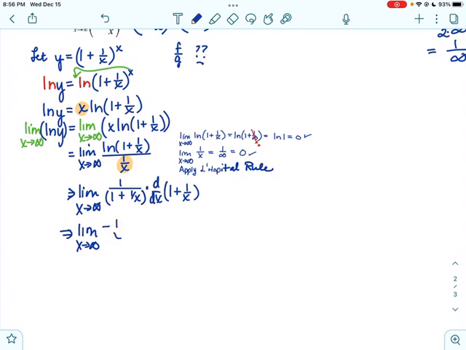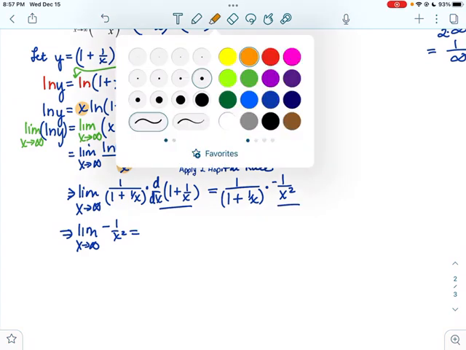So I'm going to finish the limit of the numerator, 1 over 1 plus 1 over x, and then the derivative of 1 plus 1 over x is going to be the same as the limit derivative of the denominator. So we're going to multiply this by negative 1 over x squared. That would be the derivative here.